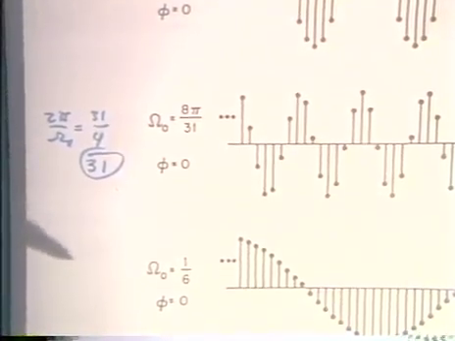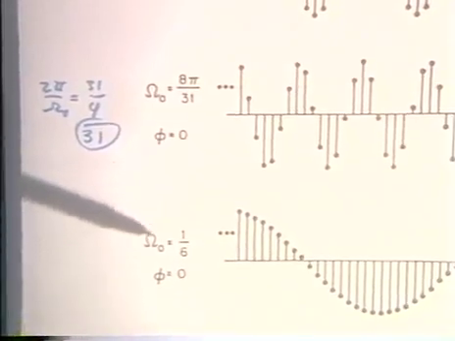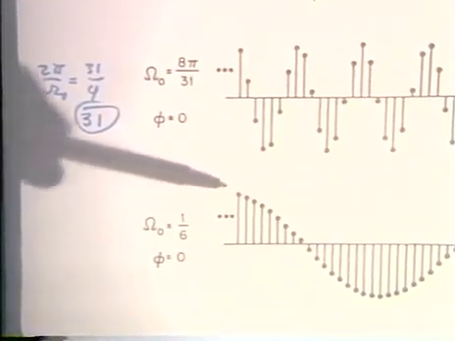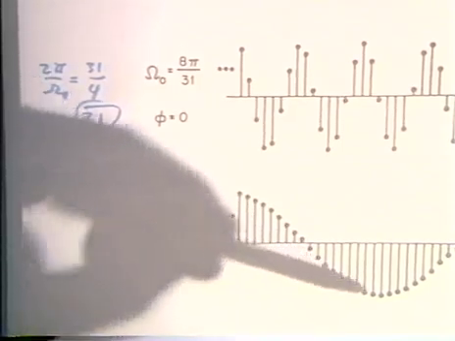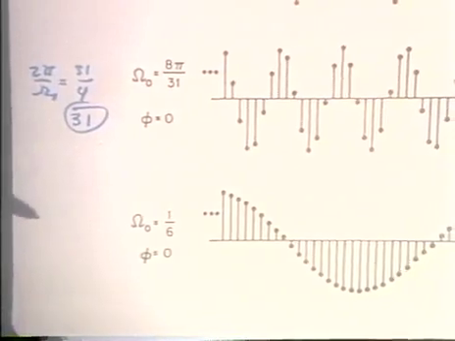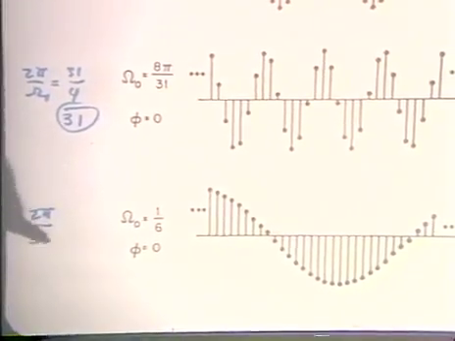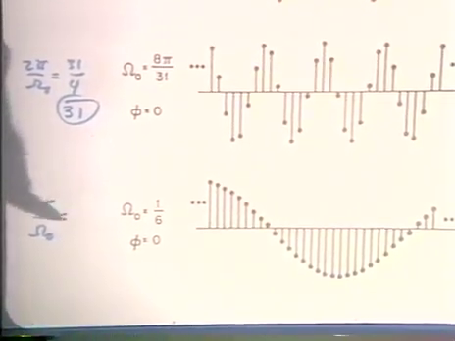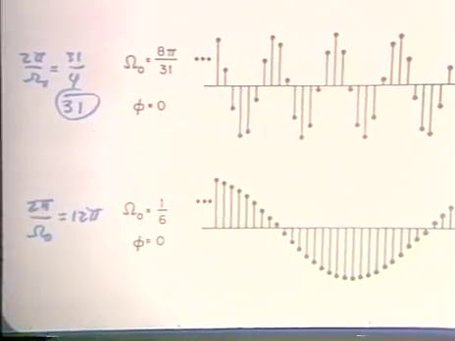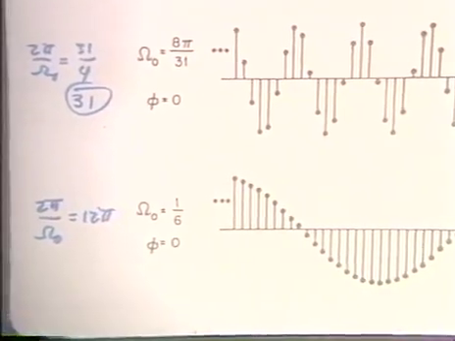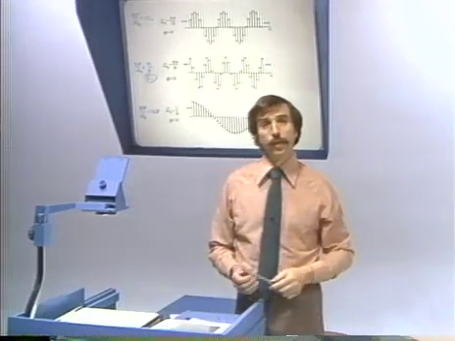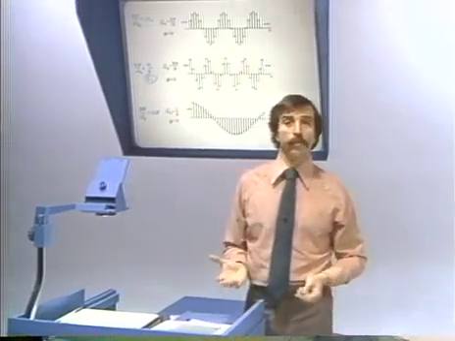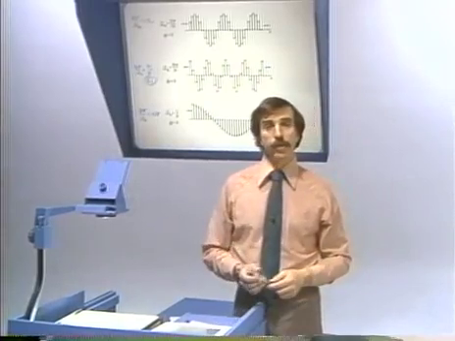Finally, let's take the example where omega 0 is equal to a sixth, as I've shown here. That actually looks, if you track it with your eye, like it's periodic. 2 pi over omega 0 in that case is equal to 12 pi. Well, what integer can I multiply 12 pi by and get another integer? The answer is none, because pi is an irrational number.